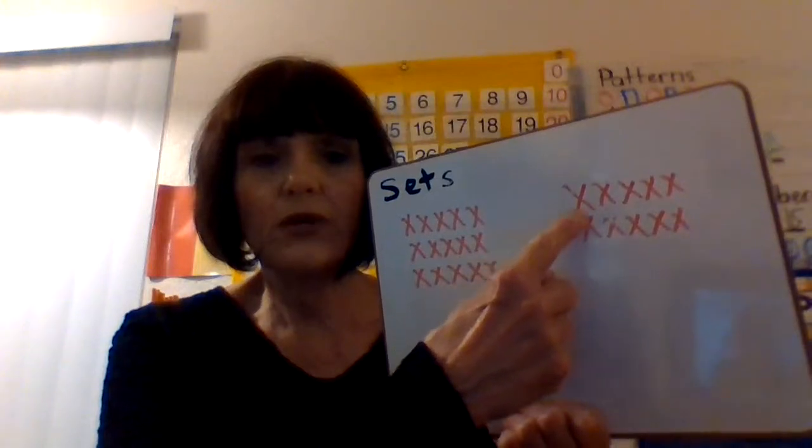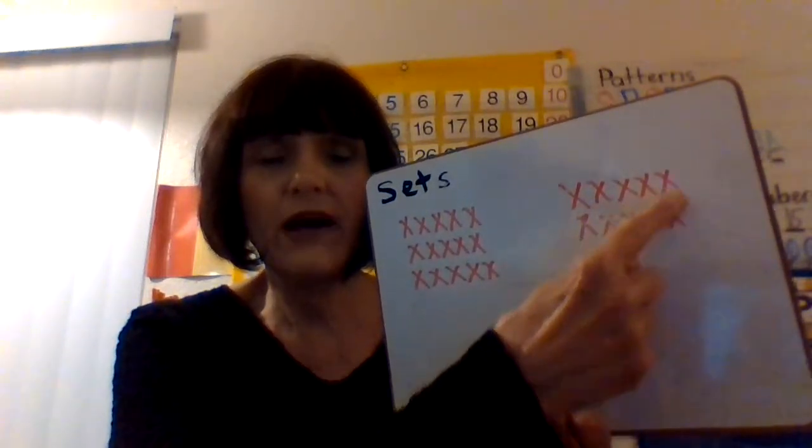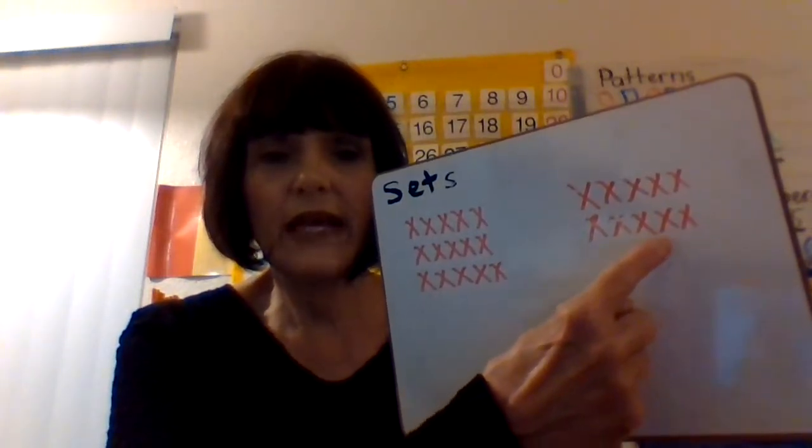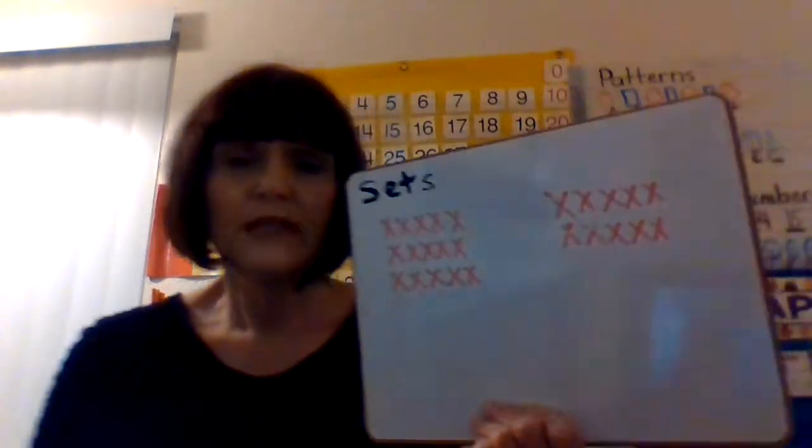Let's count these. 1, 2, 3, 4, 5, 6, 7, 8, 9, 10. 15 and 10. I'm going to write that underneath. This set equals 15. This set equals 10.